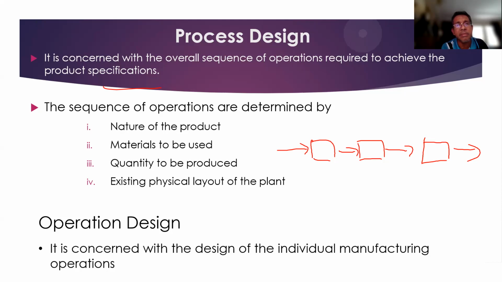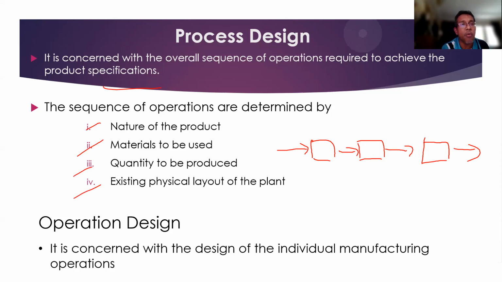But if the product requires a lot of quantity, you need to make adjustments on the physical layout of your plant. Maybe this layout is not suitable enough to cater for the quantity required by this particular process or product you want to produce. So the process design follows this sequence to determine.